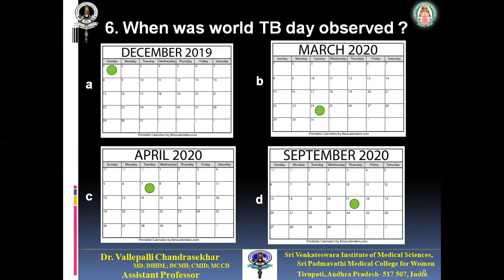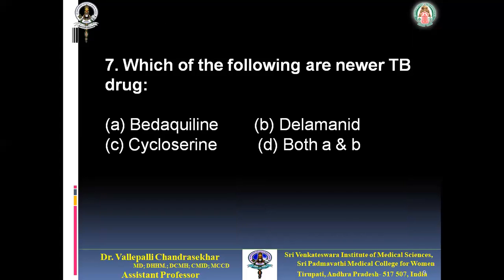Question 7, which of the following are the newer TB drugs? A. Bedaquiline, B. Delamanid, C. Cycloserine, D. Both A and B. Both A and B. Excellent. Majority are opting for both A and B, that is bedaquiline and delamanid. We will see during the lecture.